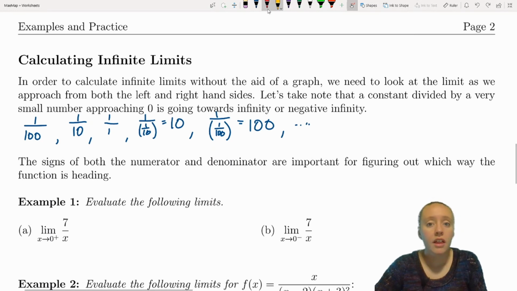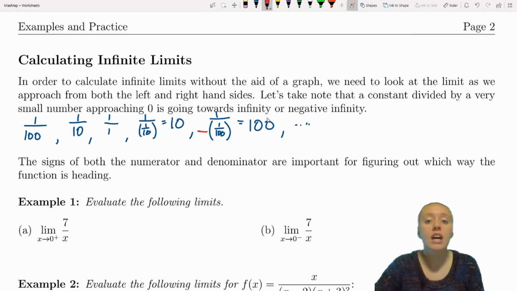However, think about this. What if our numerator was negative? Well, then our overall fraction would go towards a large negative number, because a negative over a positive is a negative. What if they were both negative? Well, then our fraction would go towards a large positive number. Or what if just our denominator was negative?